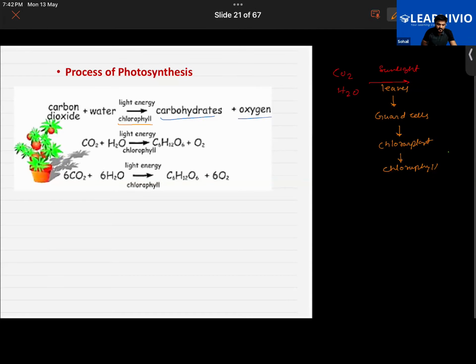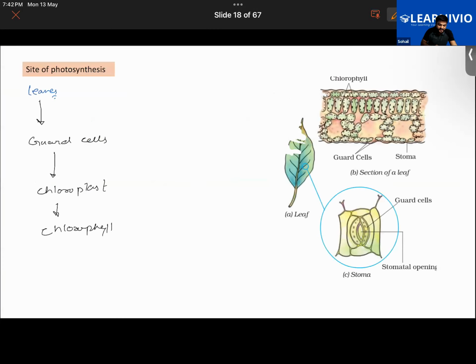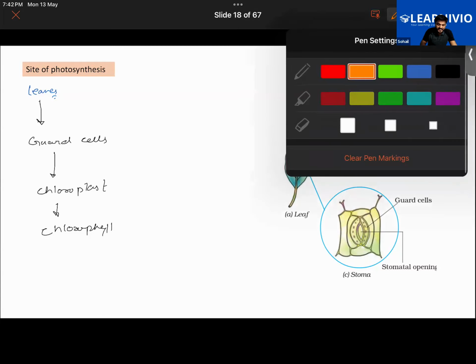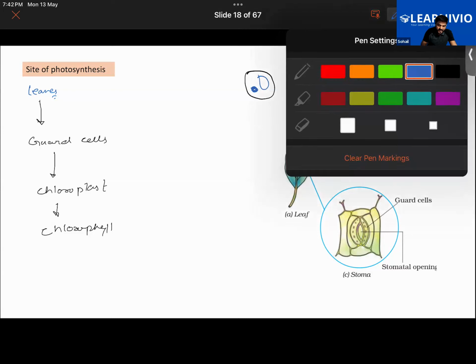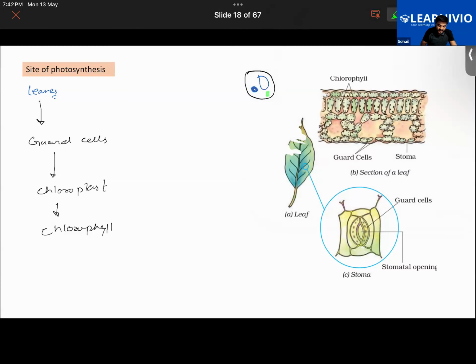Any one of you who is not getting this sequence, then let me quickly explain this one thing again. If you look at a plant cell, you will have a nucleus and different things found inside the plant cell. Apart from that, there would be some green structures found inside the plant cell.